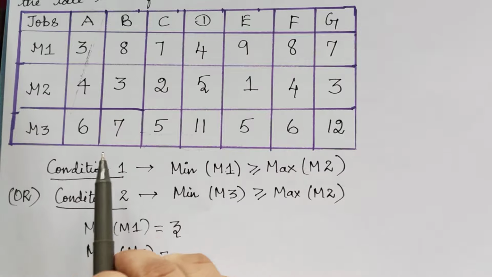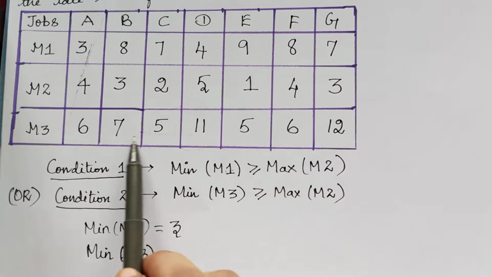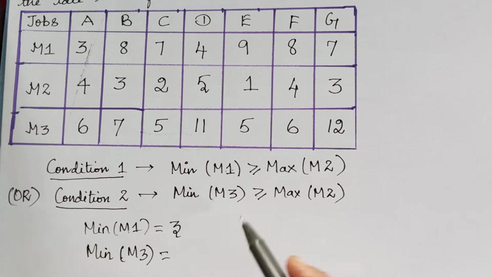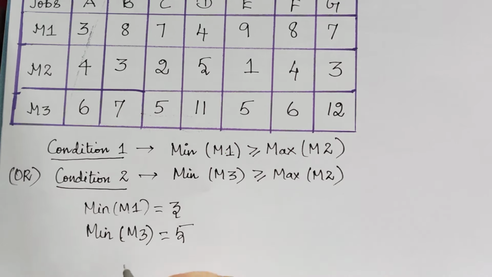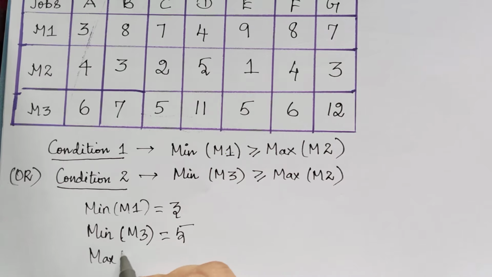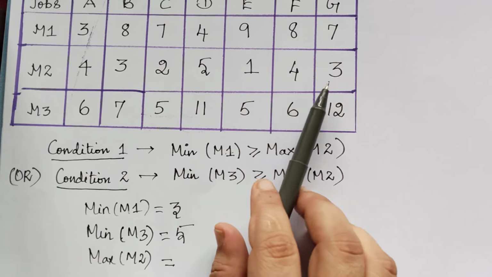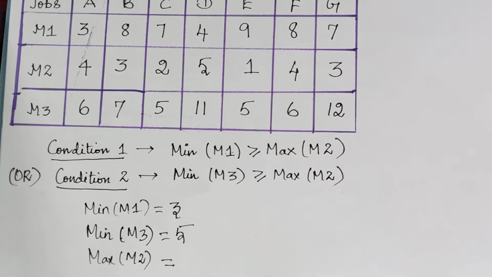What is the minimum value of M3 out of all these processing times? We see that it is 5. So that we have to write. And then we have to find the maximum of M2. Out of all these values, which one is the maximum? We see that 5 is the maximum. So let us write that 5 here.